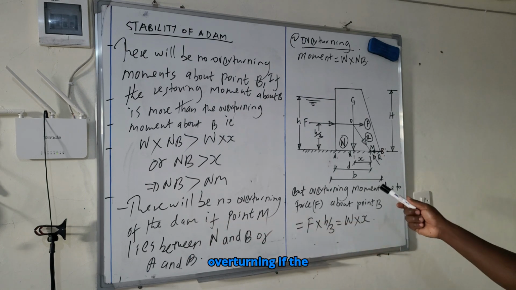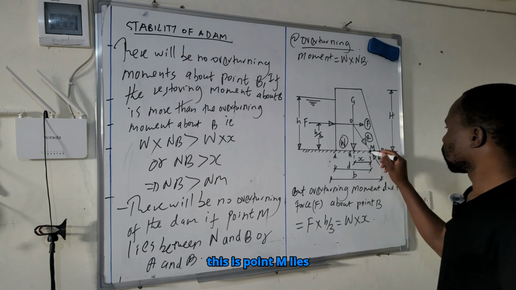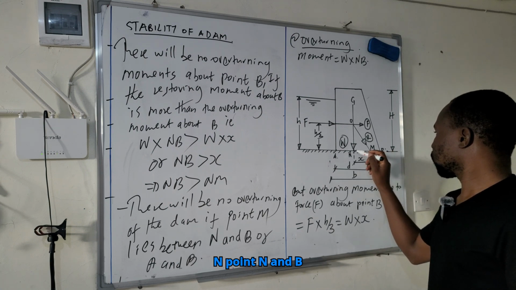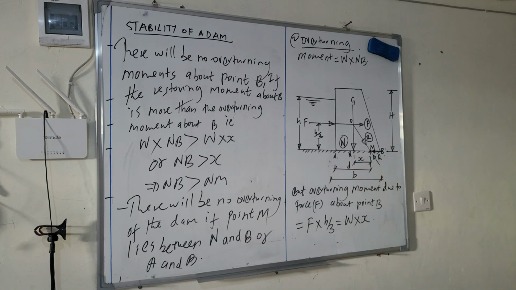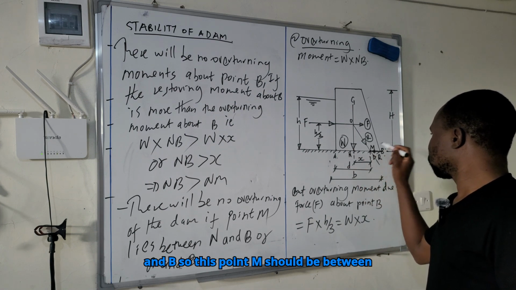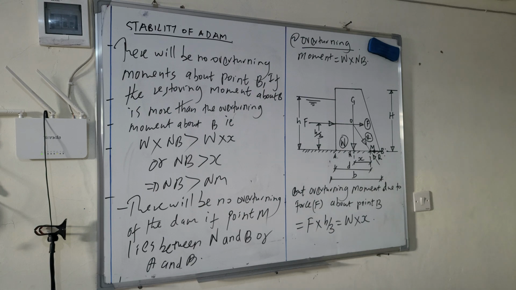There will be no overturning of the dam if point M lies between N and B, or A and B. So this is point A and B. So this point M should be between N and B, or A and B, to prevent overturning. We proceed to tension.